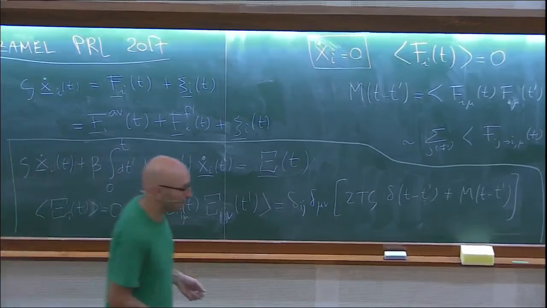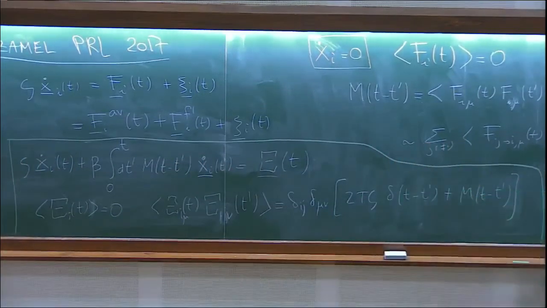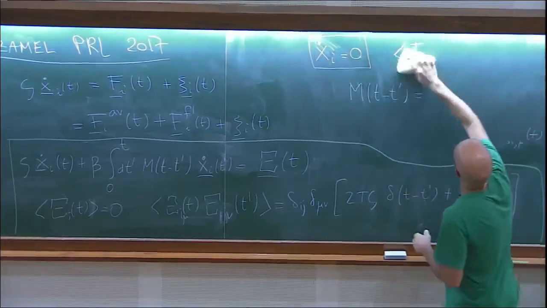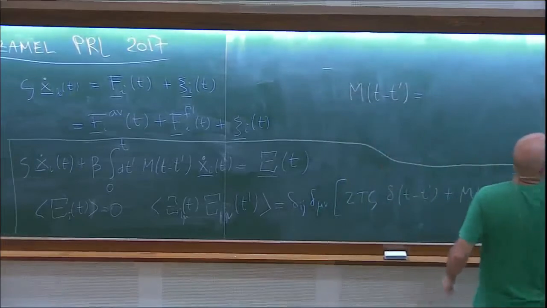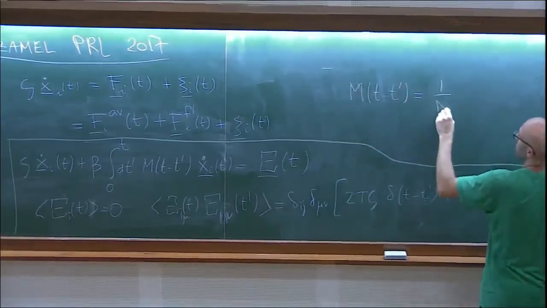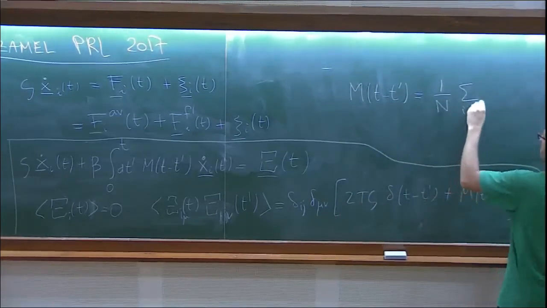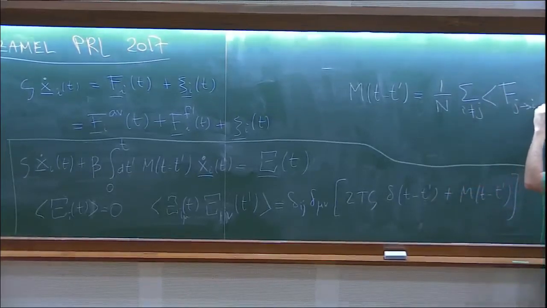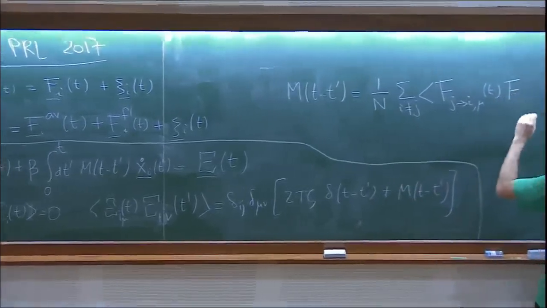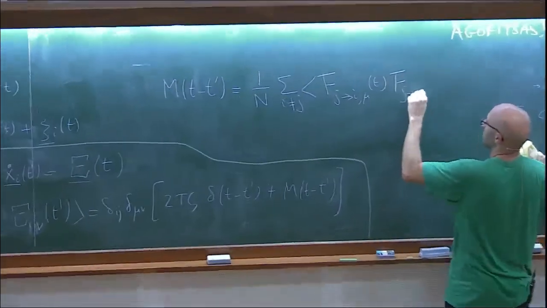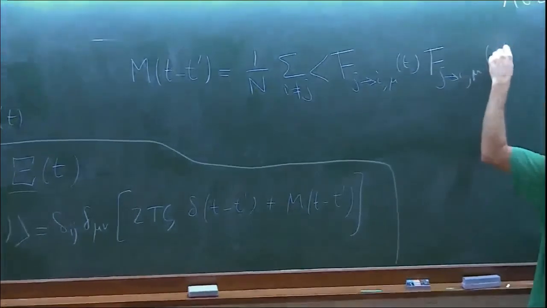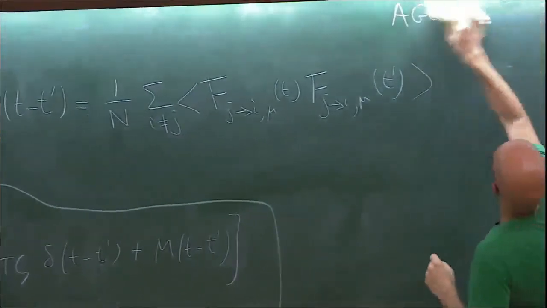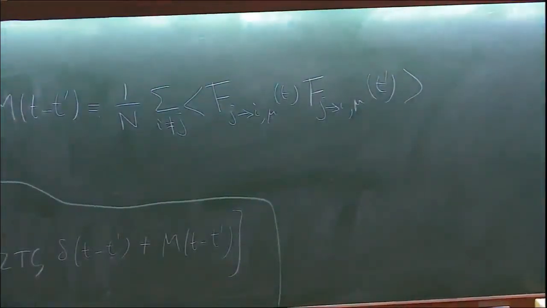So how do I find the equation for m? I told you that m, let's write it here, m is the average of the force between particle j and particle I. So I have to close this equation.